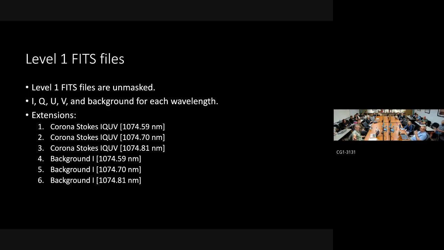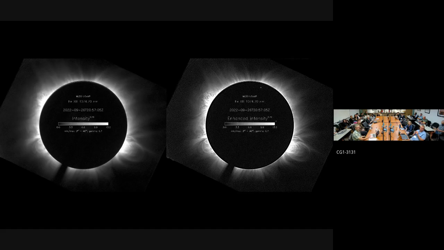And then we get the level 1 FITS file that we were mentioning at the end. So at this point, we write down a FITS file, right? And we make some quick look imagery of that. So we have an intensity GIF and an enhanced intensity that has an image processing algorithm applied to enhance contrast.